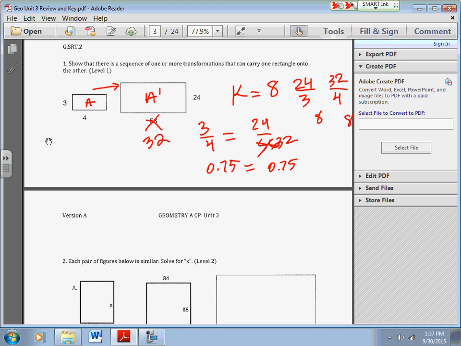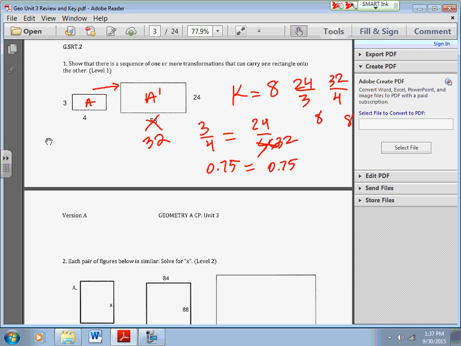If it's a reduction, do the opposite: put the pre-image on the bottom and the original on top, because that's going to give you a smaller number. Just remember, enlargements are always numbers bigger than 1.